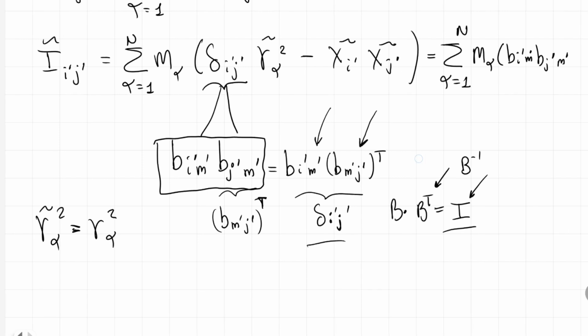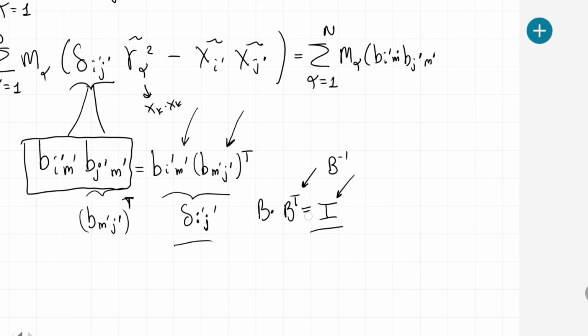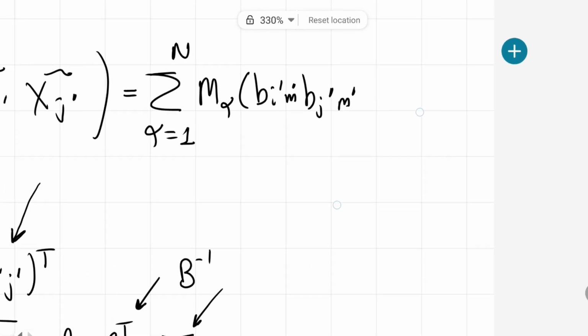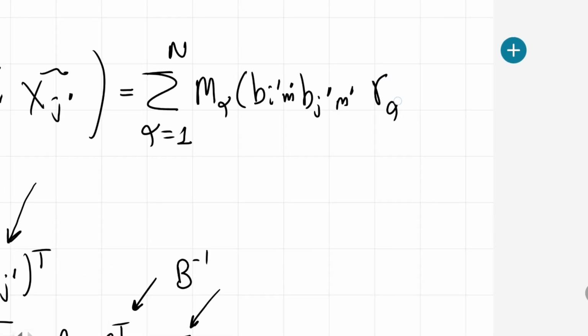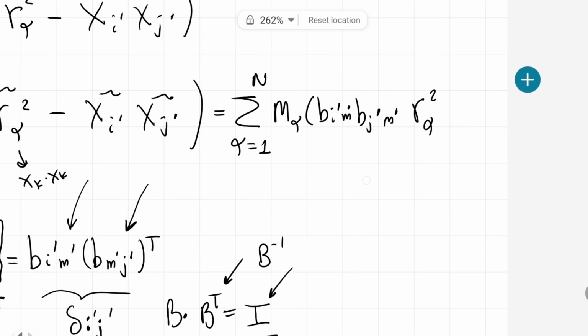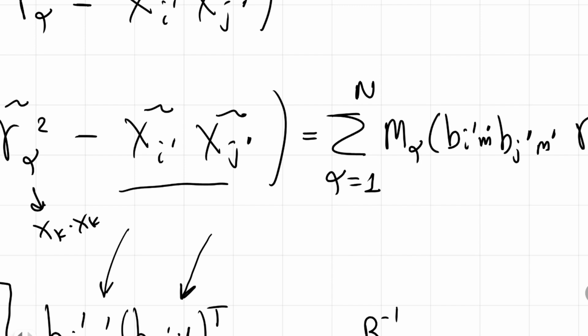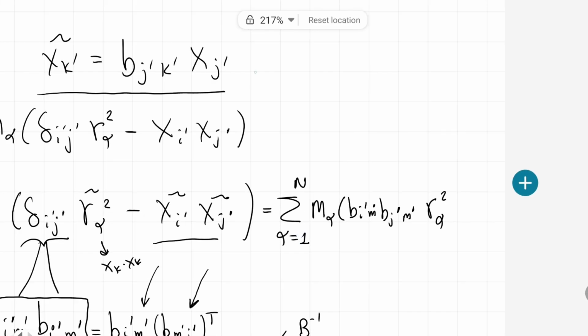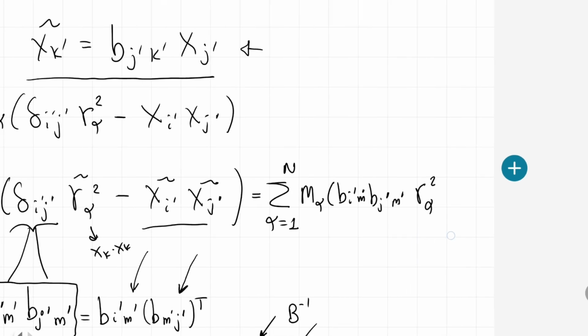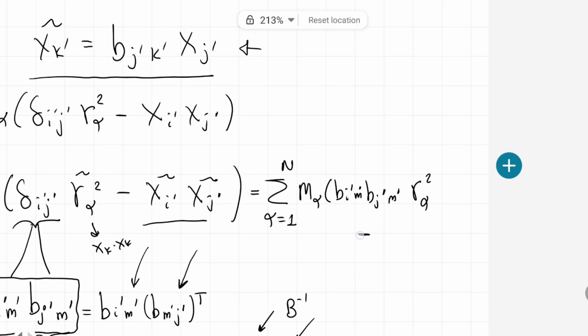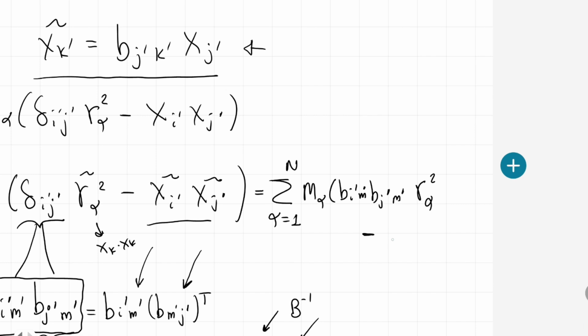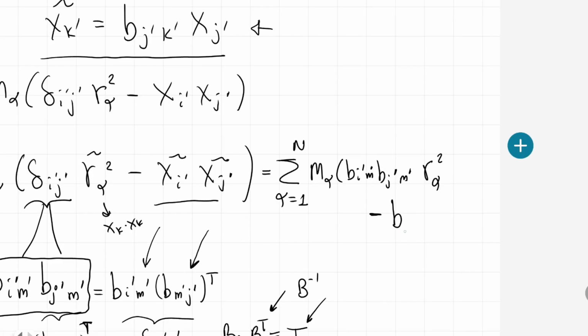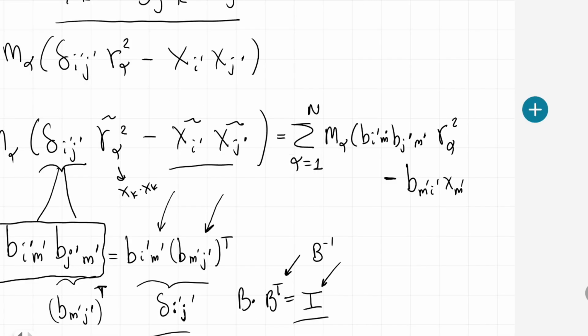So that means that we can express this as, for example, xk xk. So let's just say that this is going to be equal to r alpha squared here. And what happens with these two quantities over here? Well, we are going to use this formula to replace the value of these quantities. So we will have here minus, and we are going to get b, let's say m prime i prime, and then x m prime.